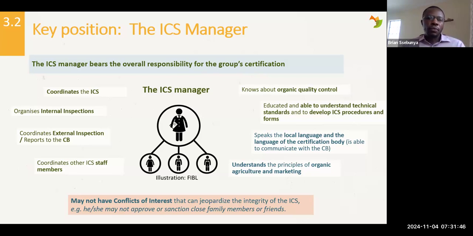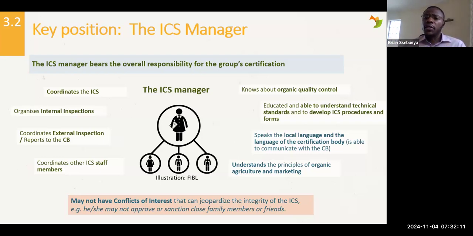So we talked about all the coordination activities within the ICS, the internal inspection, liaising with the external inspection body, the certification body, managing all other ICS staff, ensuring they are trained and they know the requirements, and the quality control, organic quality control, not only in production, but also in processing activities, all that.